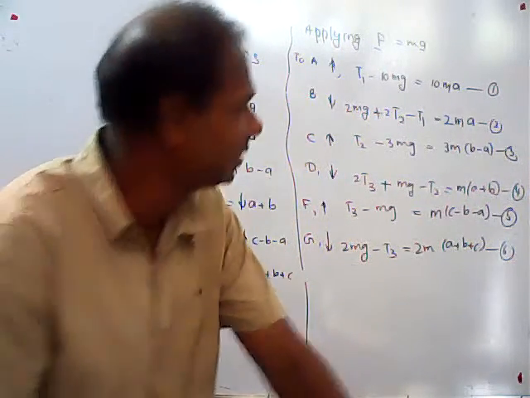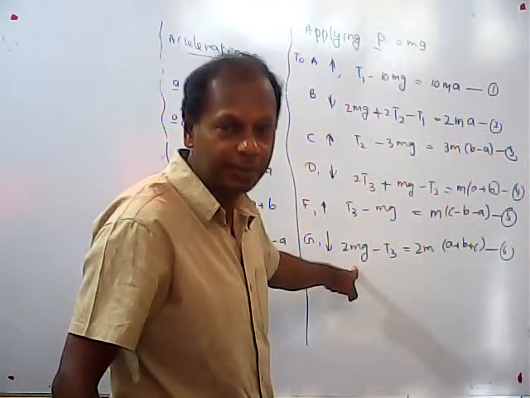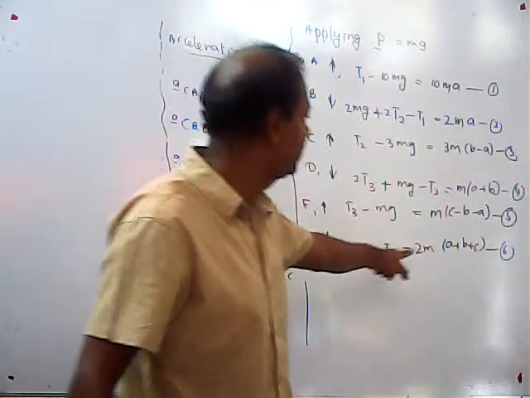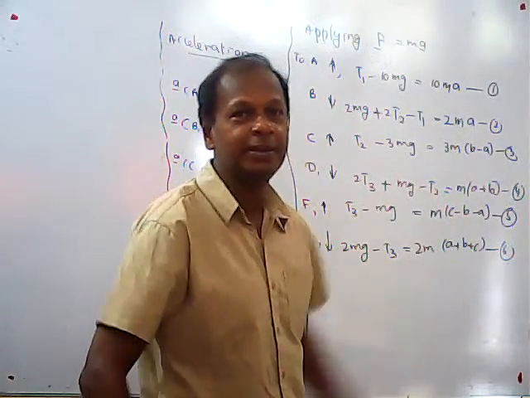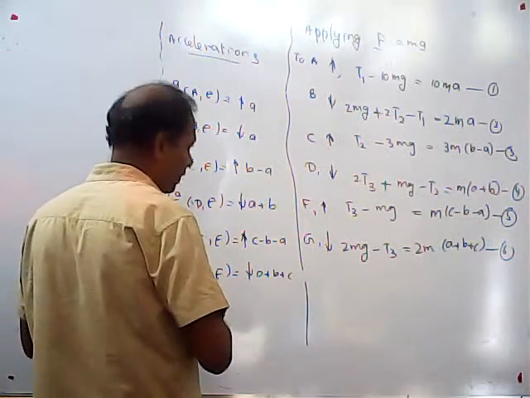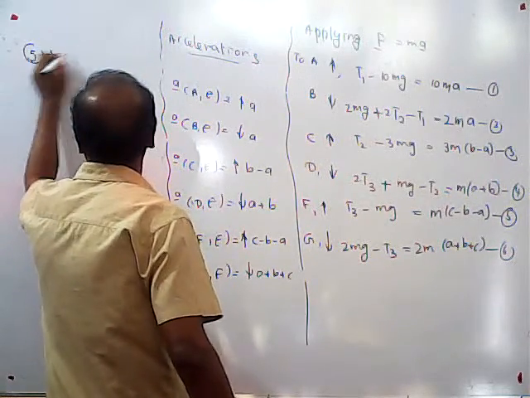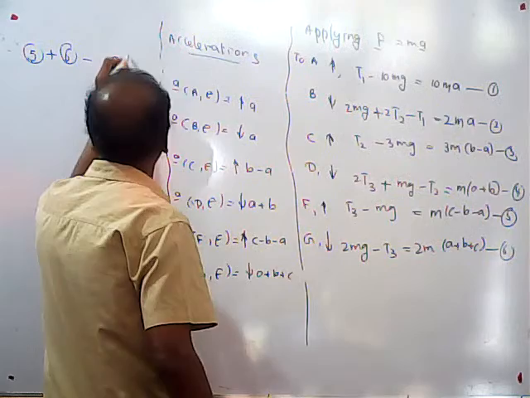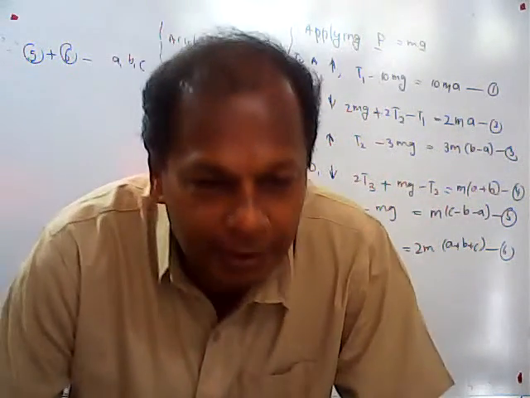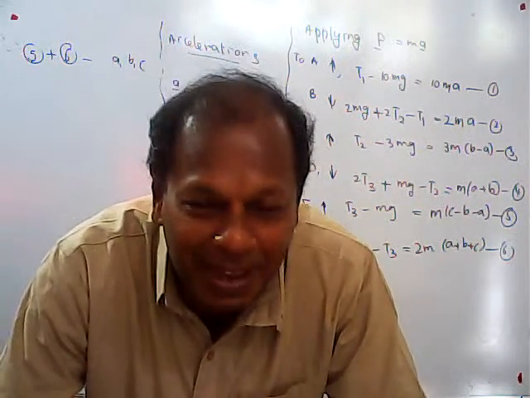Right, 5 plus 6, you add them intending to get rid of A3. So you will get an equation consisting of A, B, and C. Now we should plan.